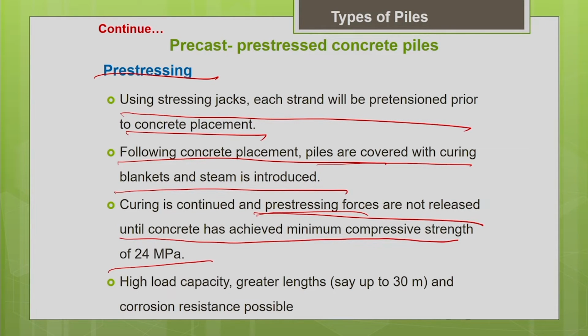This will result in development of pre-stress in the concrete, which is going to counteract the external load when the structure is subjected to external load application. So it results in high load bearing capacity, and you can go for greater length, say up to 30 meters, and also it results in better corrosion resistance when compared to conventional concrete piles.